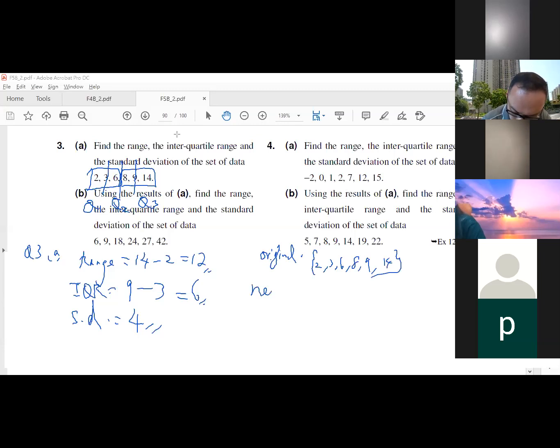And then the new set of data is 6, 9, 18, 24, 27, and 42. You need to find out what is the relationship between the new data and the original data.